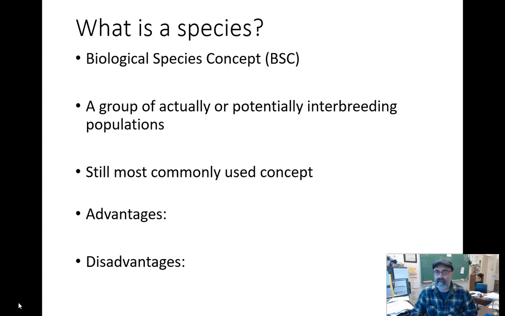You have to bring those organisms together and then try to coax them into reproducing, which is very difficult to do. So it's difficult to observe this. Now you can see the evidence for interbreeding based on whether or not they share genetics. So that's the biological species concept.